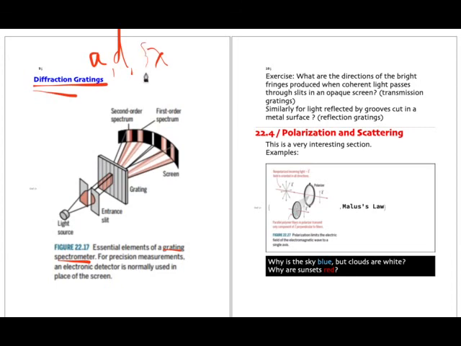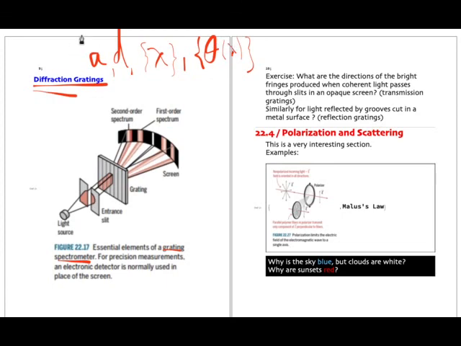And for each wavelength, there will be a set of angles where there's constructive interference for that wavelength. So you'll have a set of angles that depend on the wavelength, and the different colors of the light source, that is the spectrum of the light source, will be separated by angles.